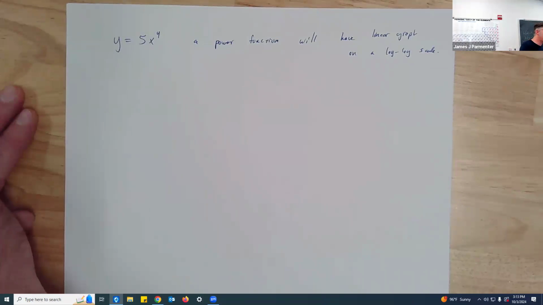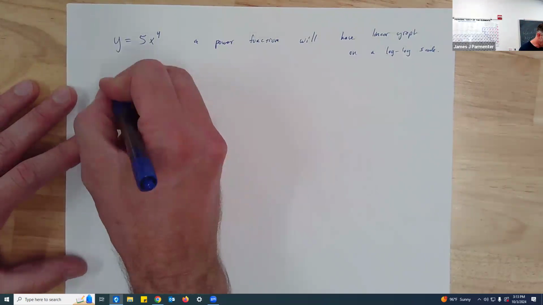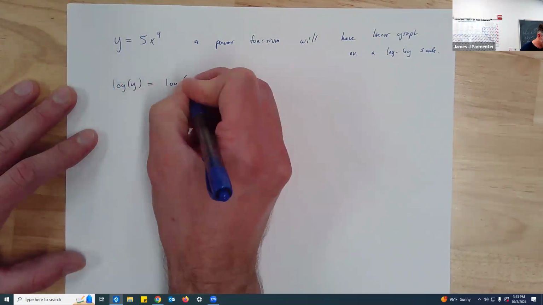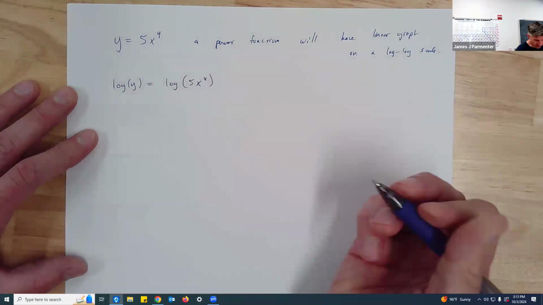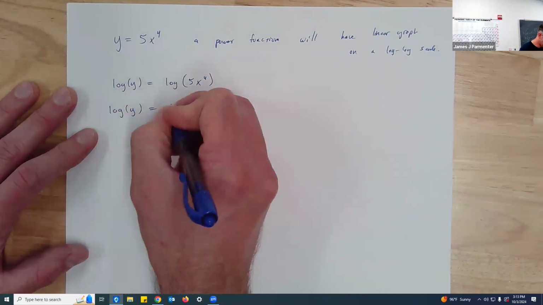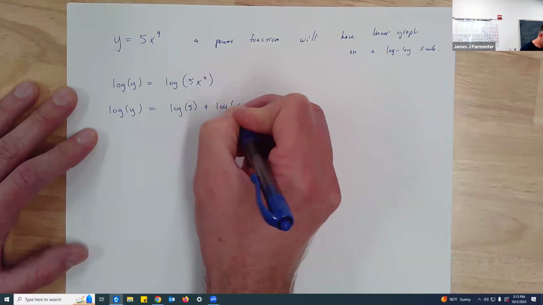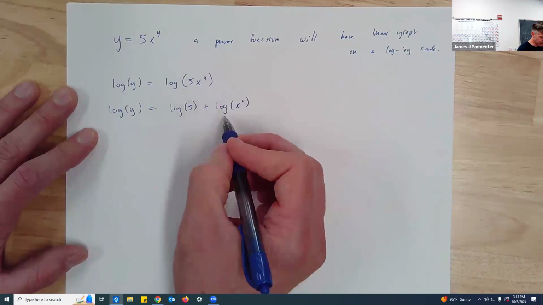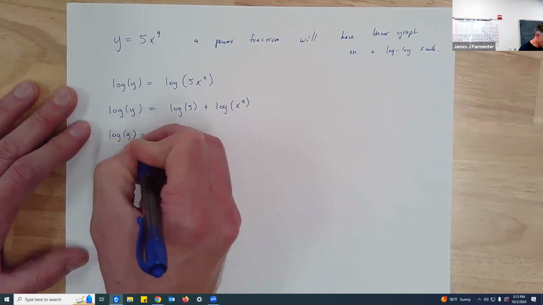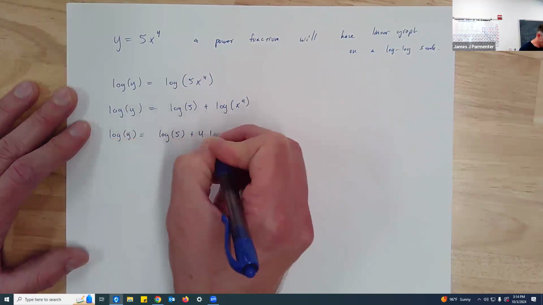And the way you kind of get there is by taking, again, you take the log of both sides. Say log of y equals log of the other side. You break apart the other side using your logarithm rules. The log of y equals log of 5 plus log of x to the 4th. Use the power rule to bring down the exponent there. So log of y equals log of 5 plus 4 times log of x.